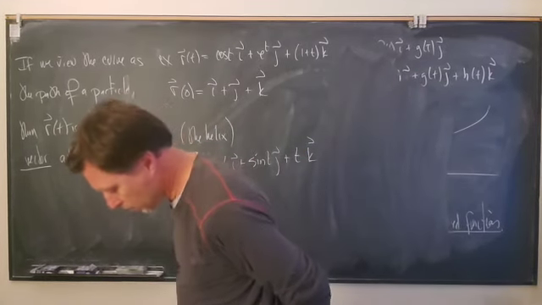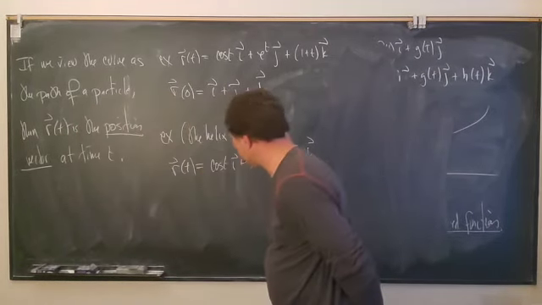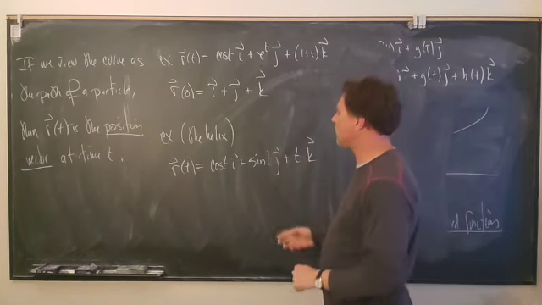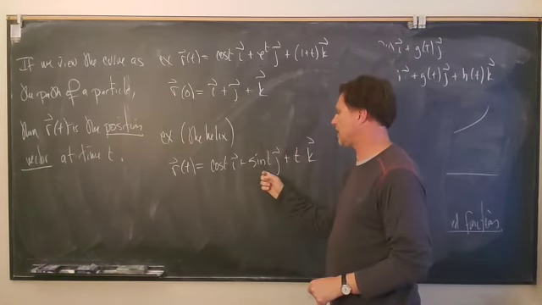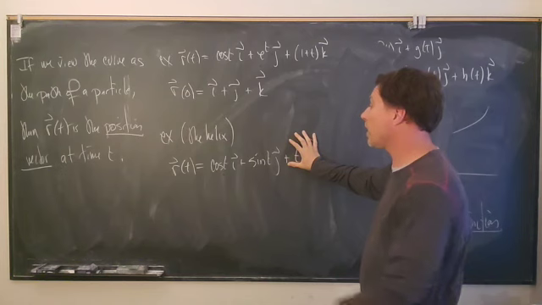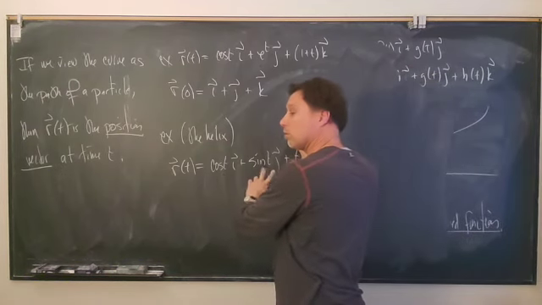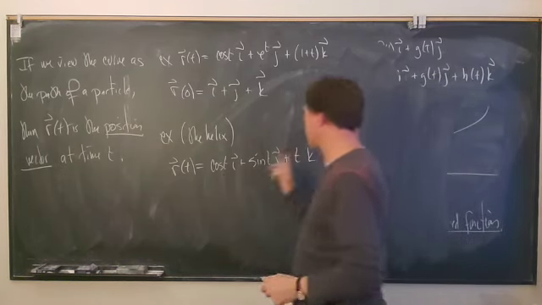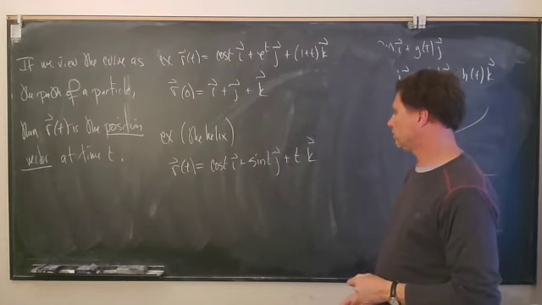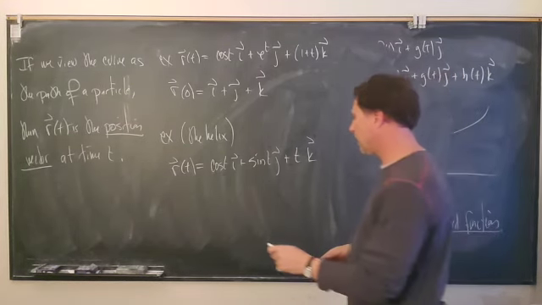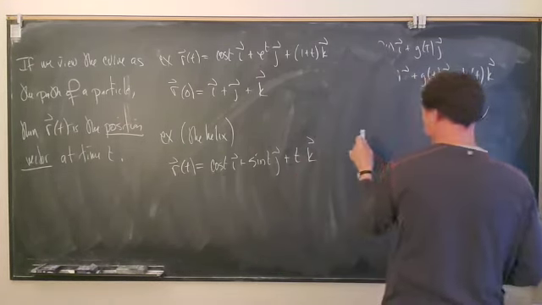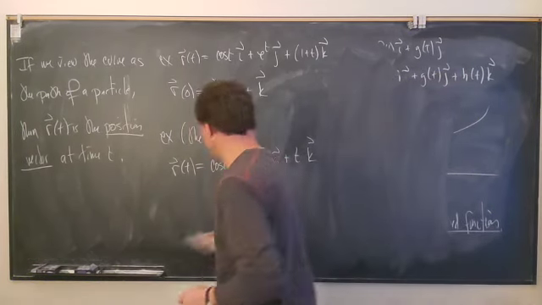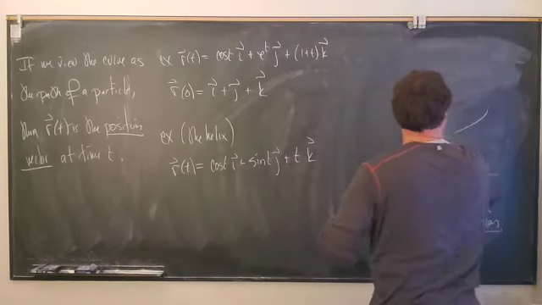Now, if you note the i and j components, the cosine t and sine t part, if we just ignore the rest, this lies on a circle. That's the parameterization of a circle of radius 1. And so here's the picture of what this helix looks like.